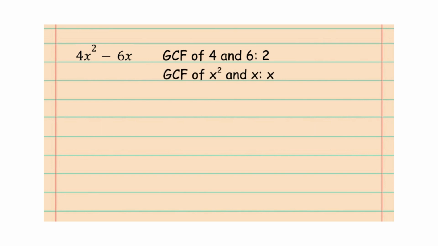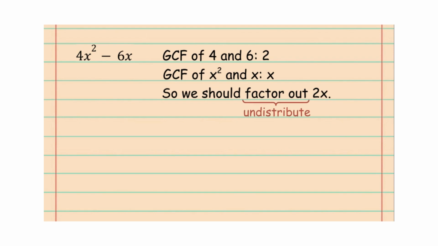And the GCF of my variables, x squared and x, would be x. Combining those GCFs with multiplication, I get 2x. So I should factor out, or undistribute, a 2x.